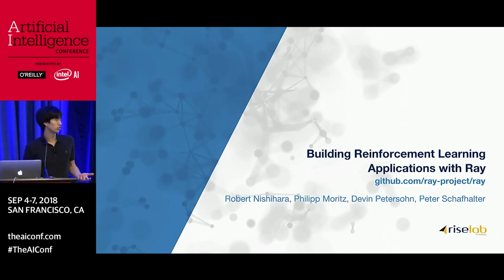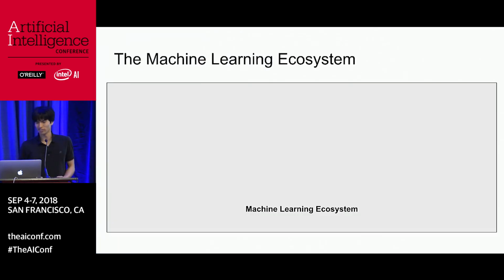So Ray is an open source project that we've been working on to basically unify a lot of the different components of the machine learning ecosystem. Right now, the machine learning ecosystem looks something like this. Distributed computing comes up all over the place.